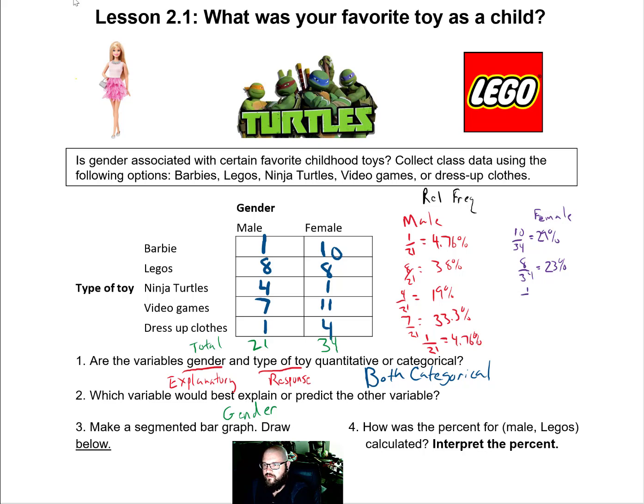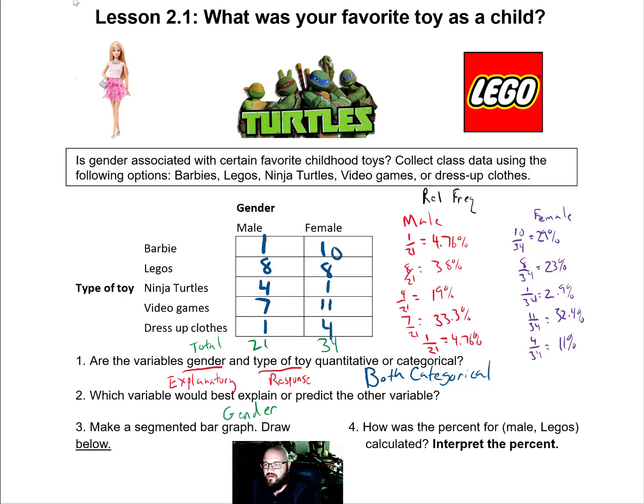And then we had 1 out of 34 on our Ninja Turtles, which gave us 2.9%. And let's see, we had 11 out of 34 for our video games, which gave us 32.4%. And our last one was 4 out of 34 for the dress-up clothes, and that came out to be 11%. Okay.